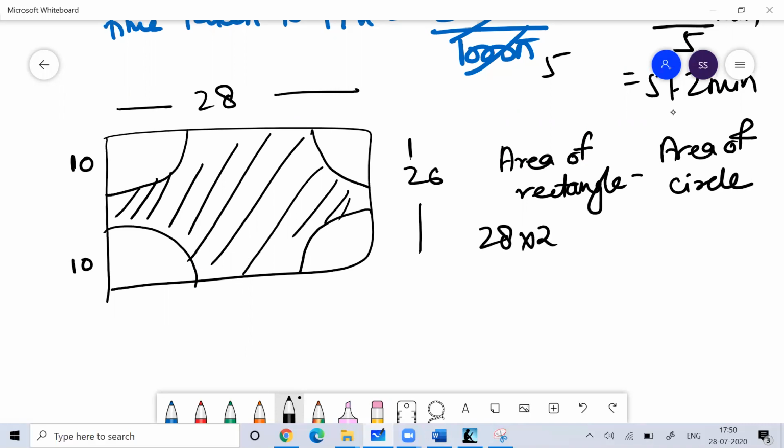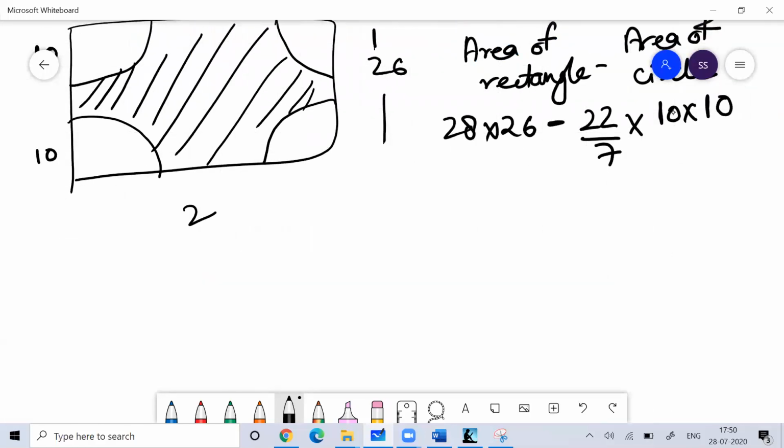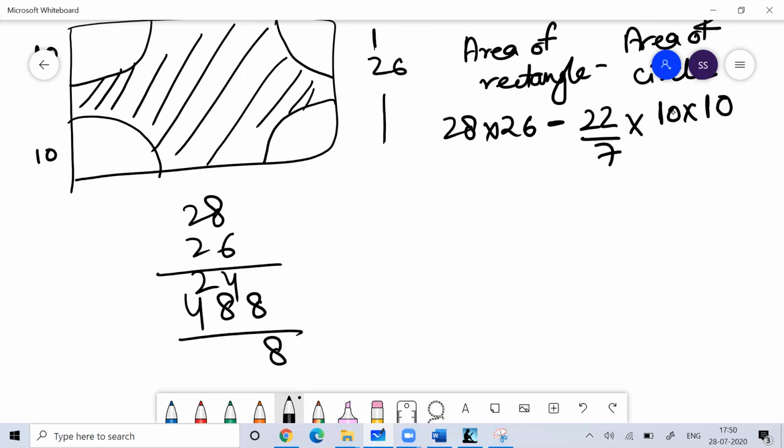So 28 into 26 minus pi r square, that is 10 into 10. Pi is 22 by 7. You solve this, you get the answer. So 28 into 26 is 728. This is 728 minus 2200 by 7.